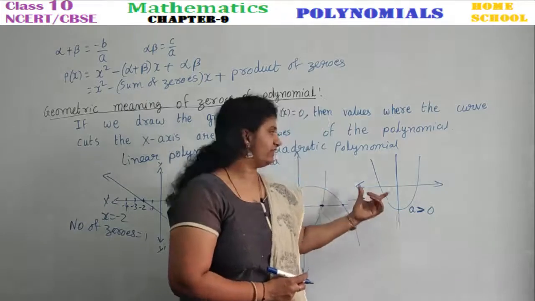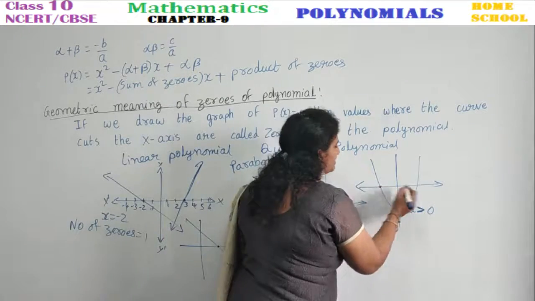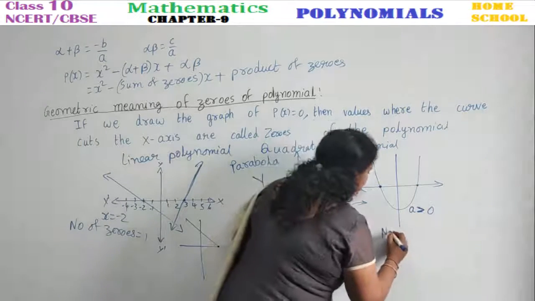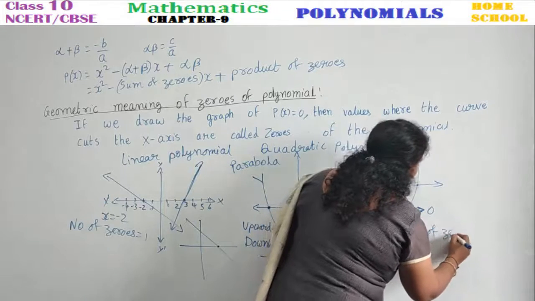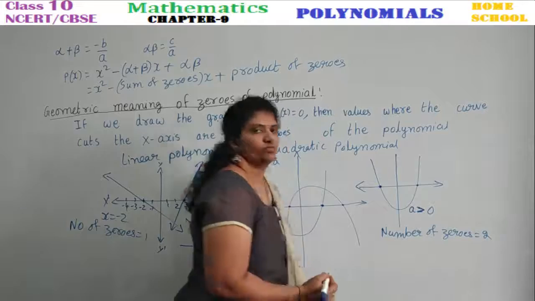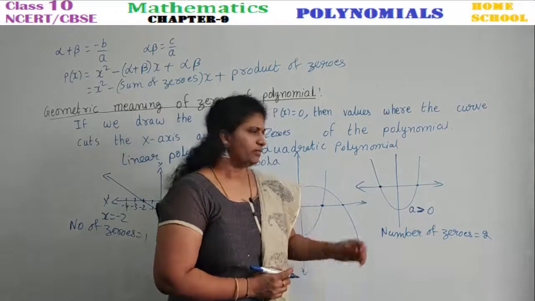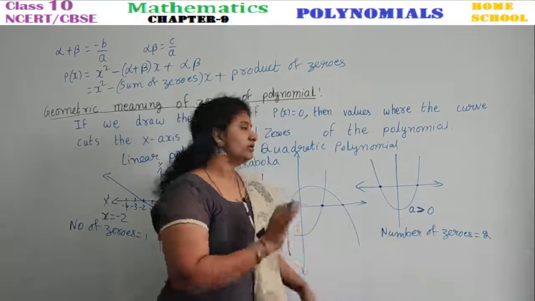You can identify it by seeing the parabola, and this parabola cuts the x-axis at 2 points. Therefore, the number of zeros is equal to 2. By seeing the full scale you can say what the zeros are, but they won't ask, we only need the number of zeros in this parabola.